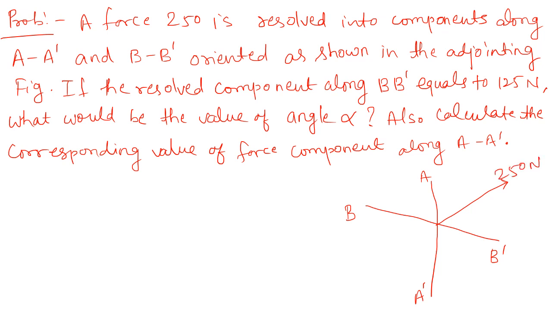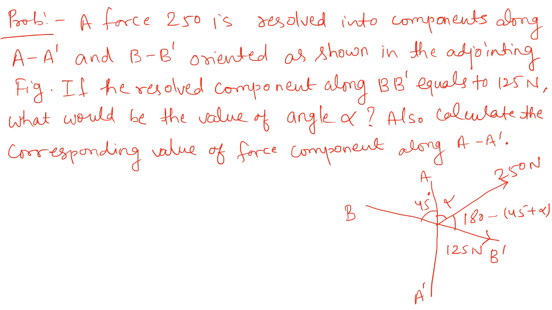Let's suppose this angle is 45 degrees and this angle is alpha. So you can also easily determine this angle: 180 minus 45 plus alpha. Now again, what should you determine in this equation? The component along BB prime is 125 Newton.